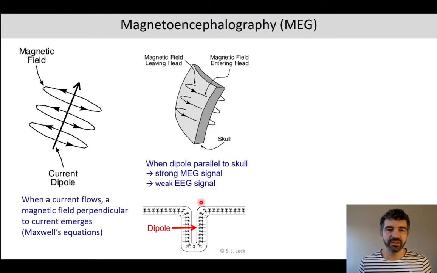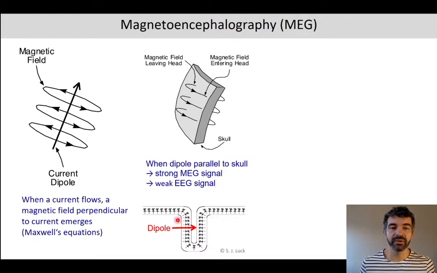And this is showing you that where the dipole is located might actually indicate which method might be more suitable.